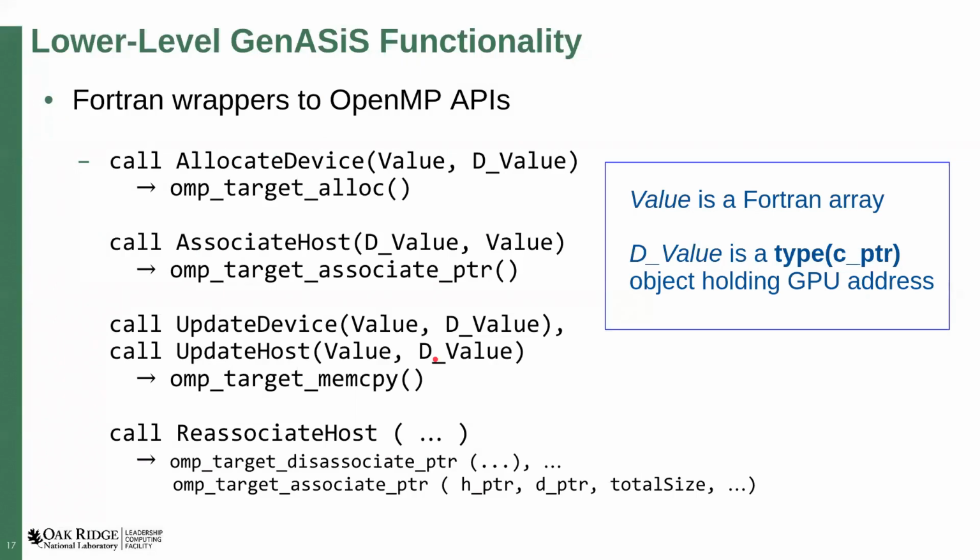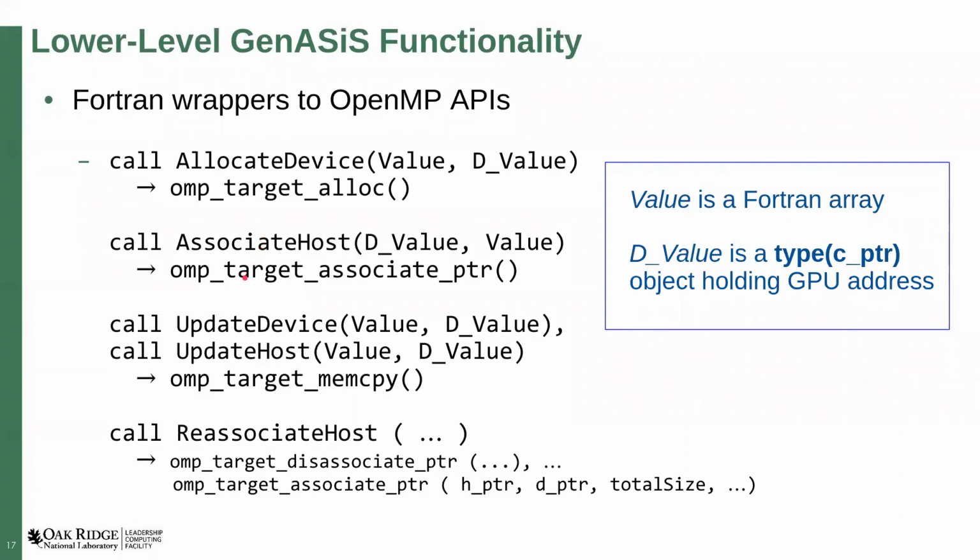So we write our own Fortran wrappers to OpenMP APIs. This is primarily because in OpenMP 4.5, some of these runtime library APIs for memory routines are only provided for C binding, and we have created our own wrapper. So allocate device, which you've seen before, is basically an interface to omp_target_alloc.